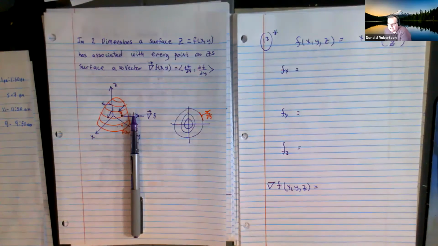I'm not hearing what you're saying. The share screen stopped. Oh, sorry, that was me. It's x cosine of 3y over z.